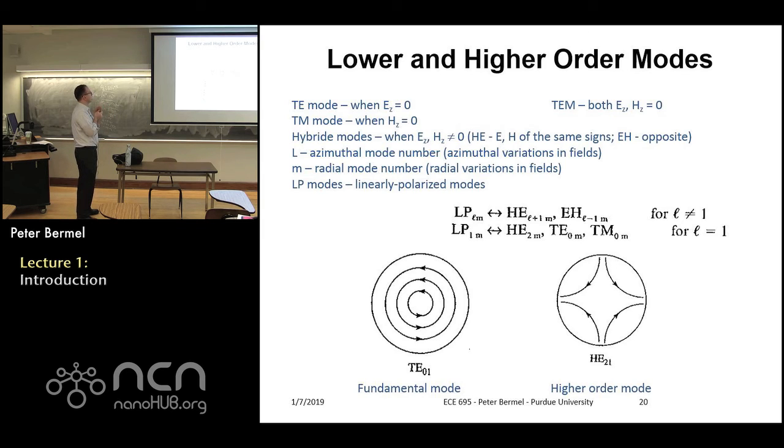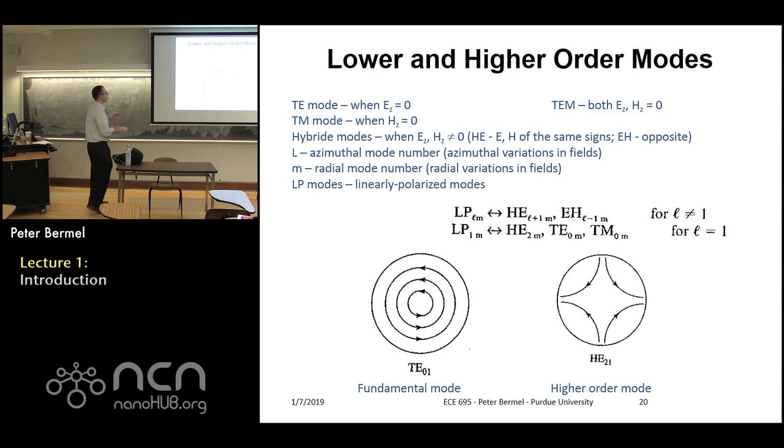Then these hybrid modes we're talking about, like HE and EH, are modes where HE is a TE-like mode, but EZ may be slightly non-zero, and EH is more like a TM mode where HZ is slightly non-zero.